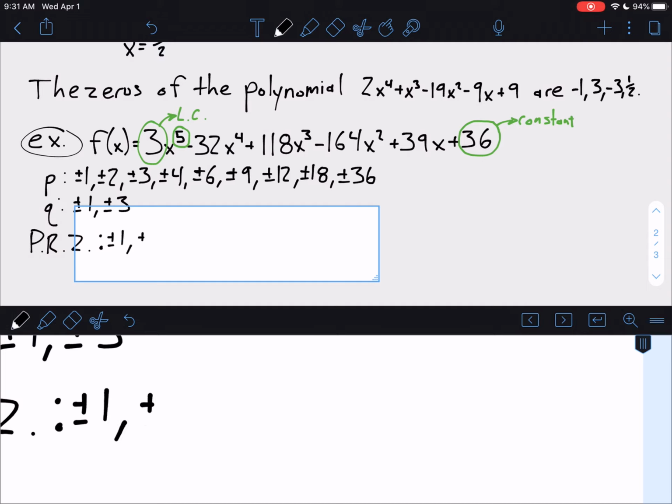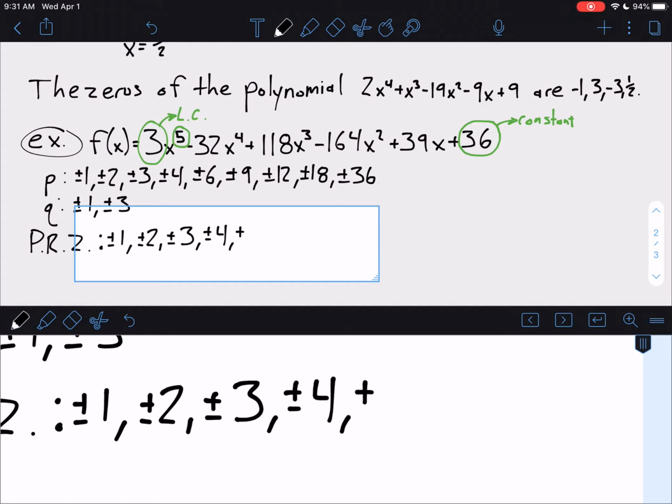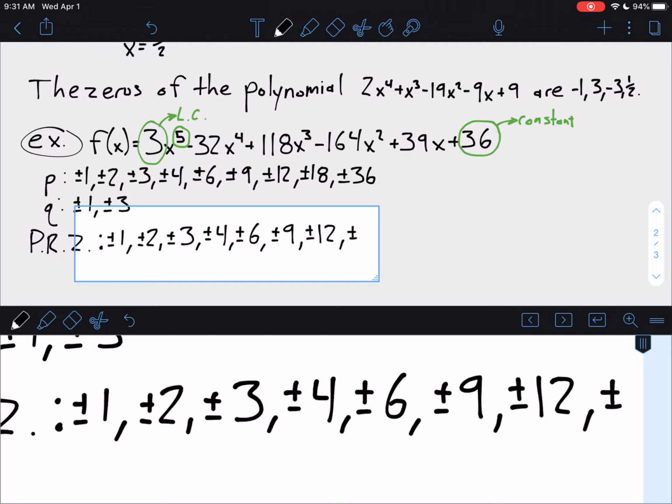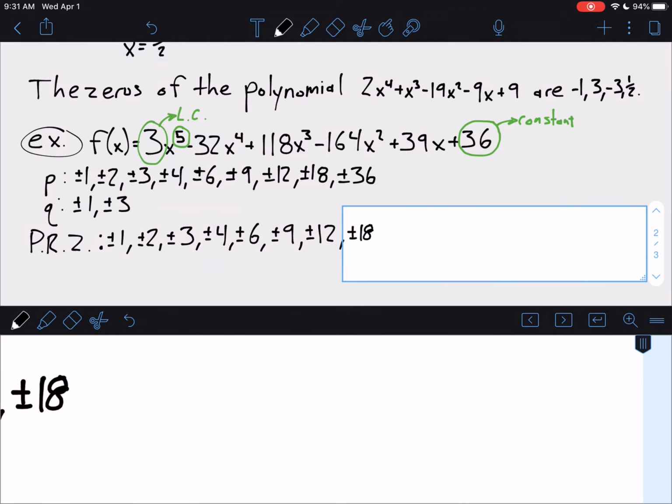So positive negative 1, positive negative 2, positive negative 3, because 1 over 1 is 1, 2 over 1 is 2, 3 over 1 is 3, 4 over 1 is 4, 6 over 1 is 6, 9 over 1 is 9, 12 over 1 is 12, 18 over 1 is 18, and 36 over 1 is 36.